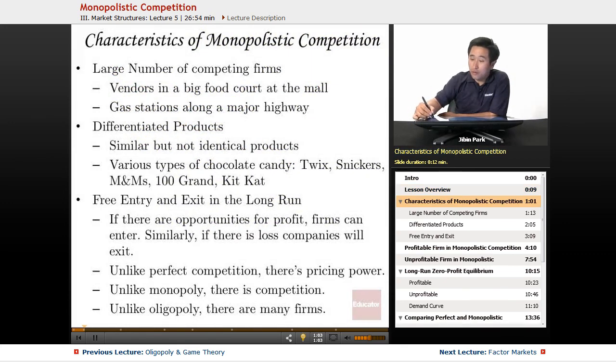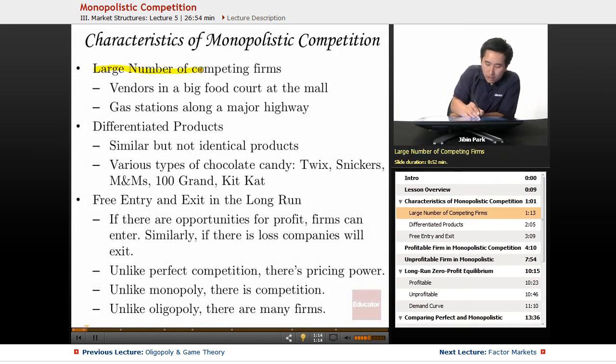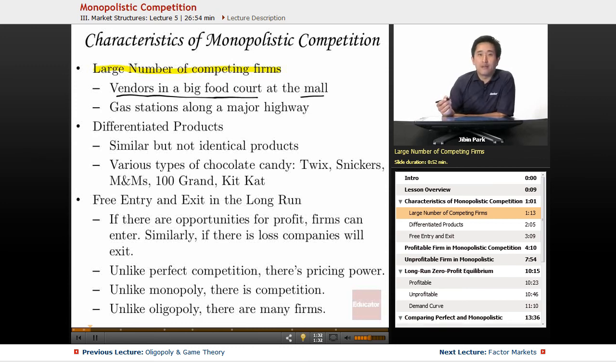So let's go over some characteristics of monopolistic competition. What separates a monopolistically competitive firm from perfect competition, monopoly, or oligopoly? Well, the first thing is that there's a large number of competing firms. So most firms are going to compete in monopolistically competitive situations. For example, vendors in a big food court at the mall. You can make different choices. You can have Chinese food, Mexican food, Korean food.